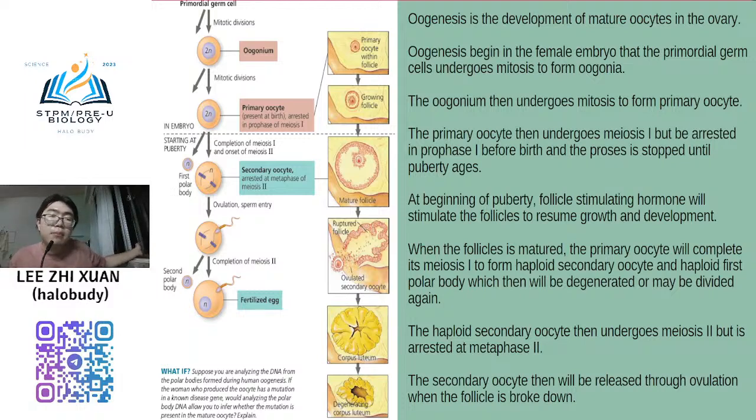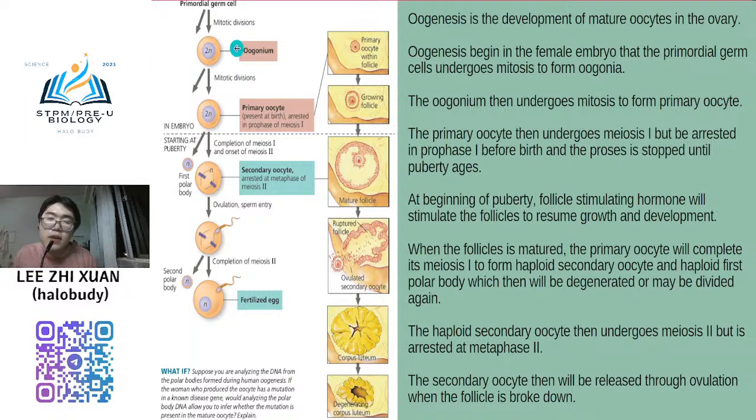So in male, spermatogenesis continues along the lifespan from the spermatogonial stem cell until the secondary stage.